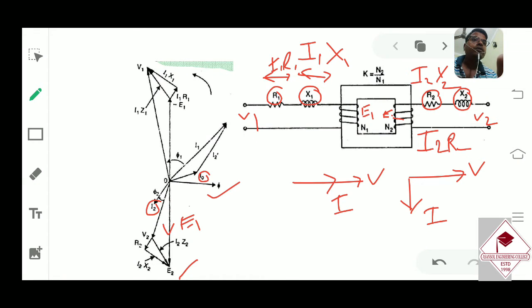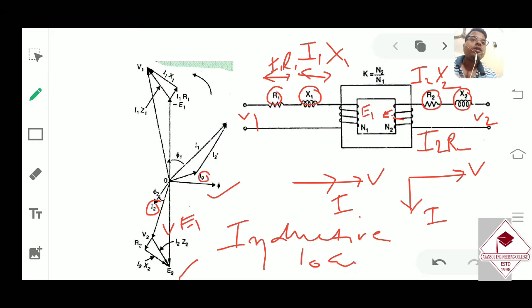Okay, I2 will lag because we are drawing this phasor diagram for an inductive load. So obviously it will lag behind both V2 and E2, as suppose here we are connecting an inductor actually. Clear?